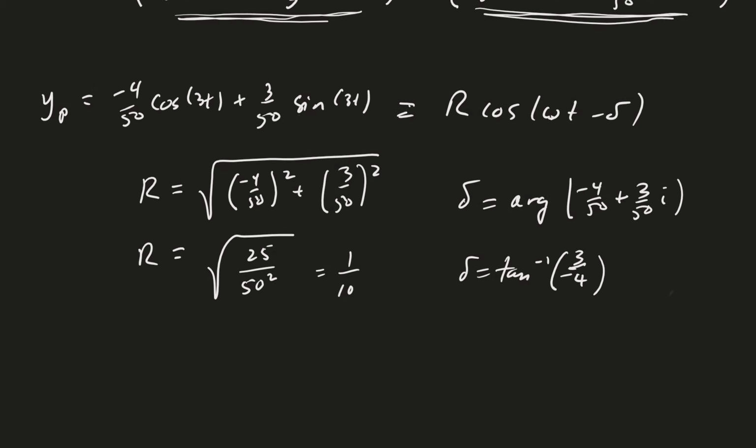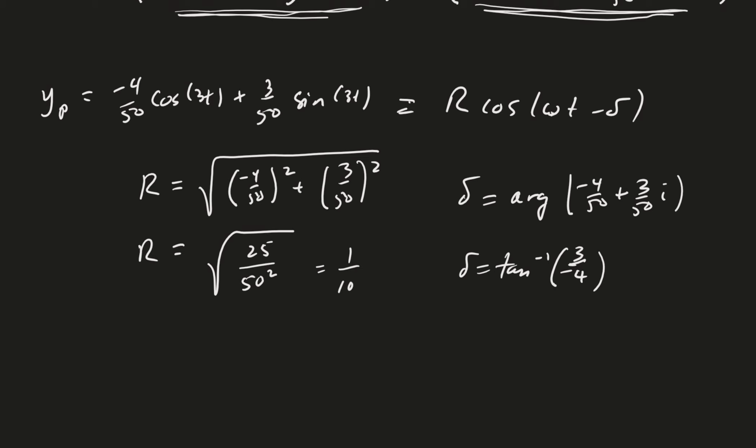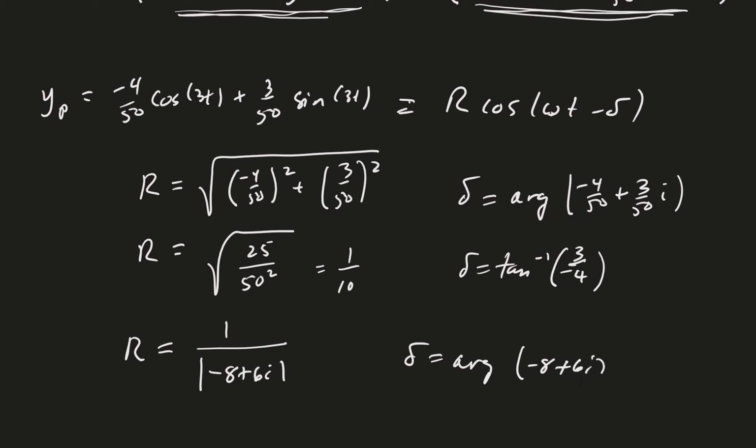But I wanted to emphasize one thing, and that is that this r is also equal to 1 divided by the magnitude of minus 8 plus 6i. And then the delta is also the argument of minus 8 plus 6i.